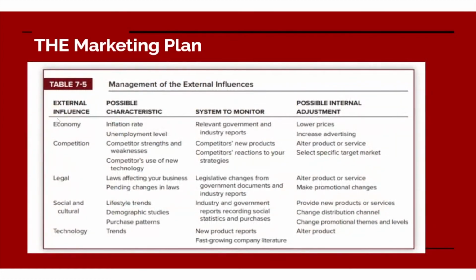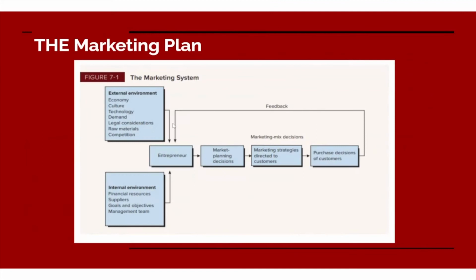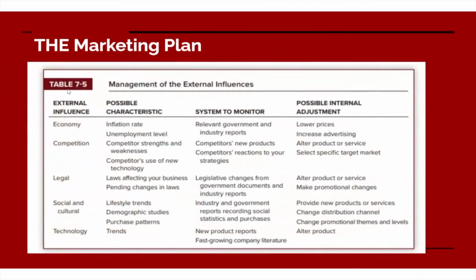In Marketing 1, we looked at the external environment: culture, economy, technology, legal, political, demand for products, competition. In Marketing 2, we looked at more internal things: the price, the place, the product, promotion, financial resources, suppliers, goals and objectives. We talked about SWOT, for example.